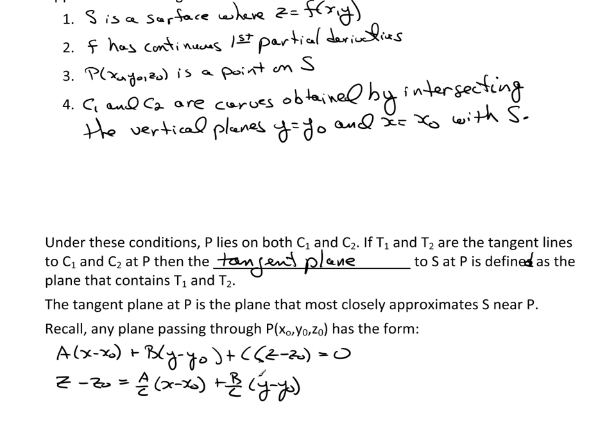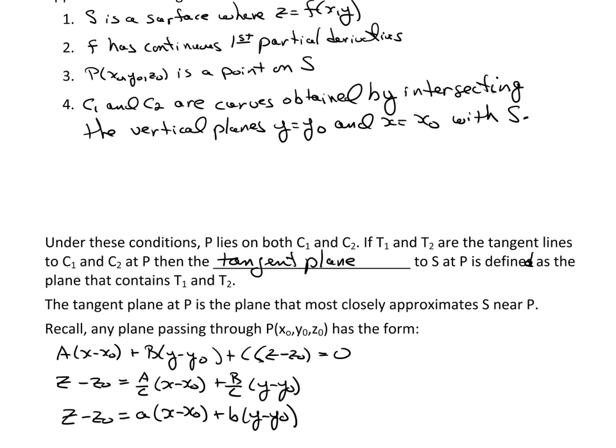To write it more compactly, just call a over c the constant a, and b over c the constant b, which is obviously the equation of a plane rewritten in this form.